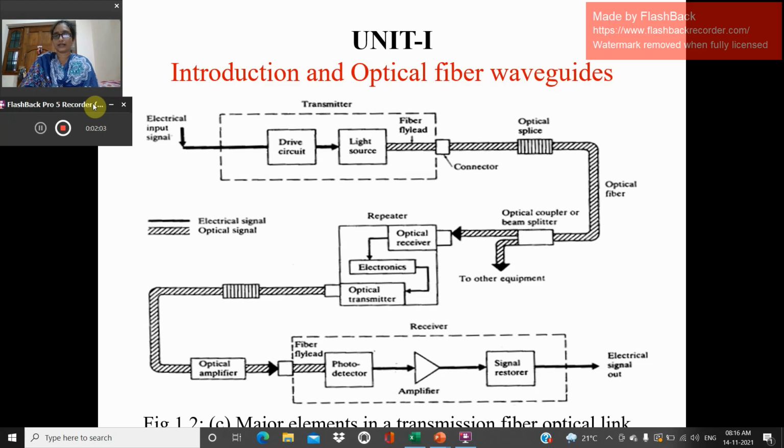So in the transmitter section, the main function is that the electrical signal given as input is converted into a light signal.